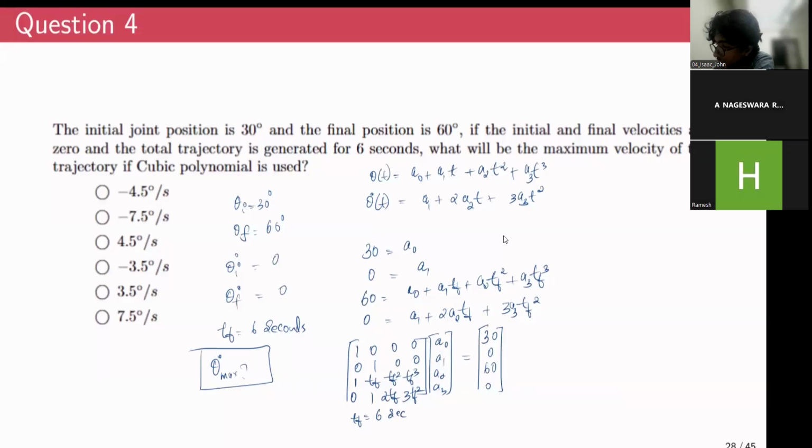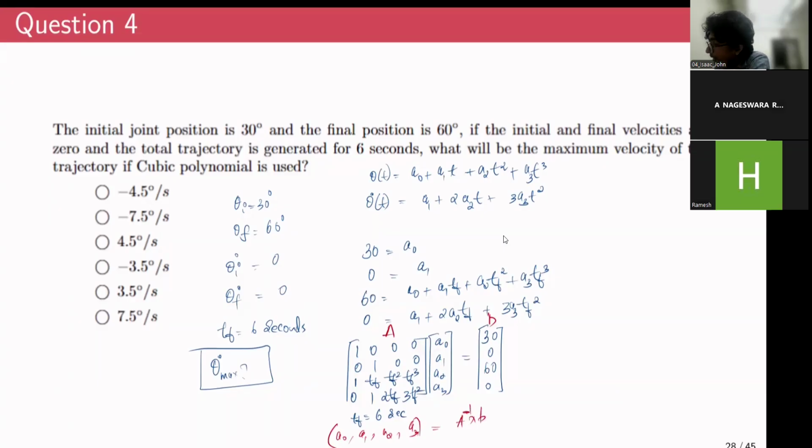And if you substitute the value of tf into this matrix, I'll call this matrix A and this vector B, you will obtain a0, a1, a2, a3 by inverting this A matrix and multiplying it with B.